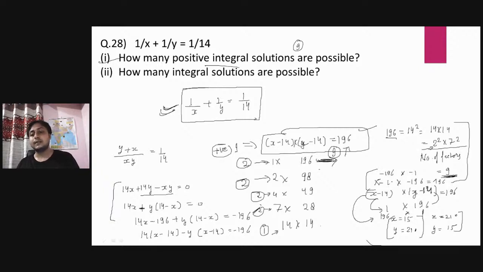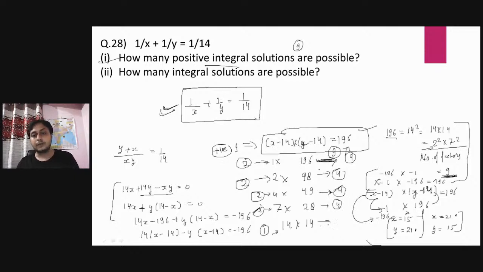So for this one, we have four integral solutions. Integral means x, y can be negative, right? मालूम है क्यों? उससे चार मिलेंगे ना, ठीक है? For this one, four integral solutions.